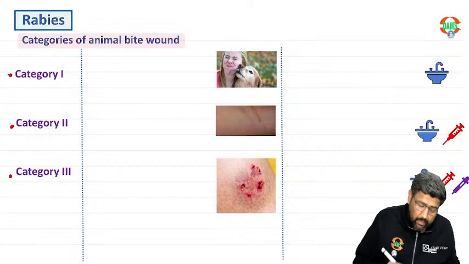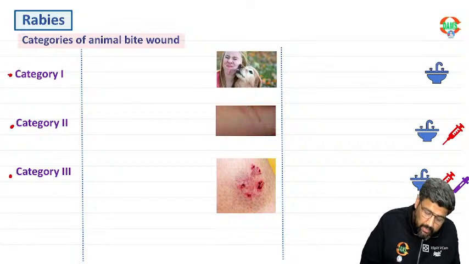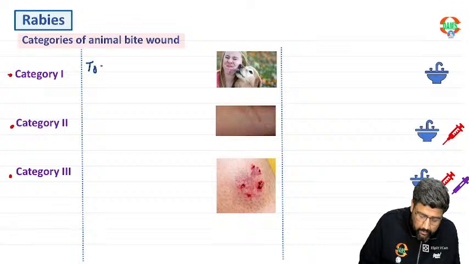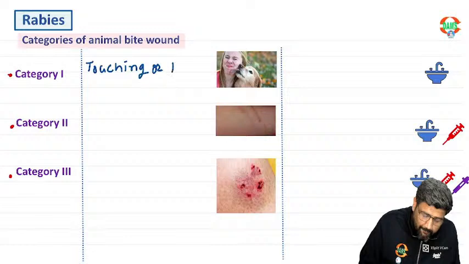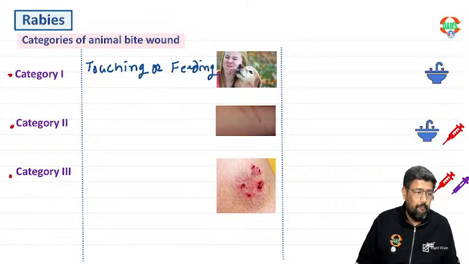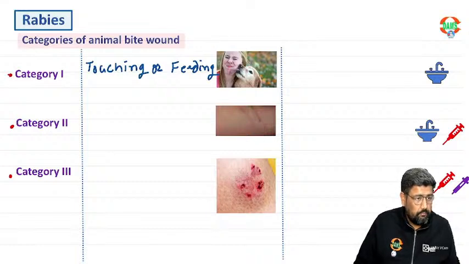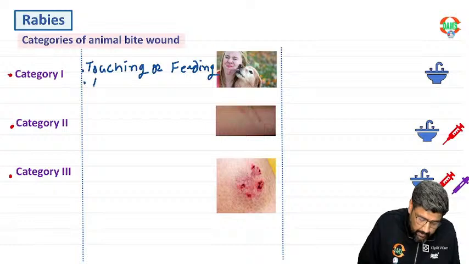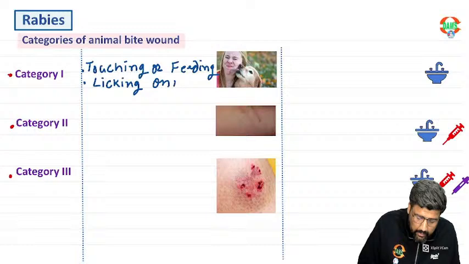So what is category 1? Category 1 means you are just touching or feeding the animal, or the animal is licking on intact skin.